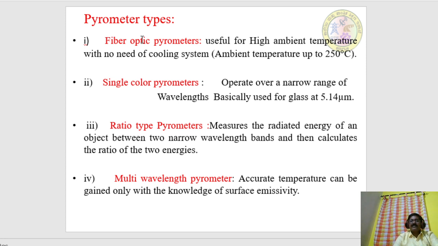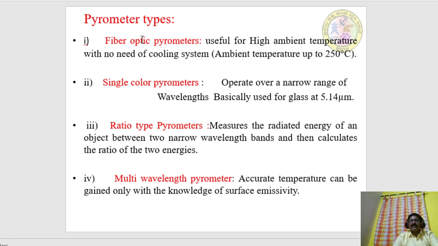Single color pyrometers operate over a narrow range of wavelengths, basically used for glass at 5.14 micrometer.